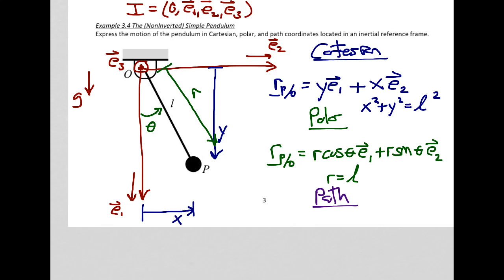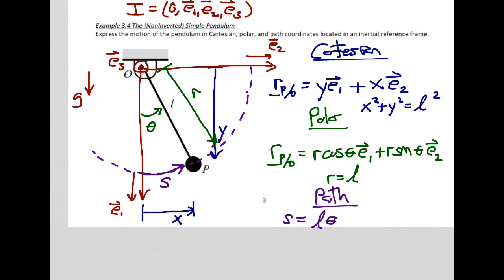And in this case where we have a simple pendulum, we do have a well-defined mathematical description, and that's that the particle P can only move in a circle around the origin O. And so our path coordinate is going to be S, because remember it's a single coordinate, and so we have S as a scalar, and that path is the arc length of that circle, the arc length being the radius L multiplied times the angle theta.